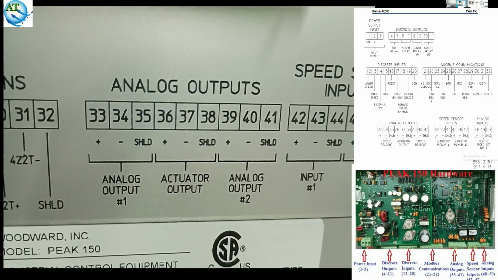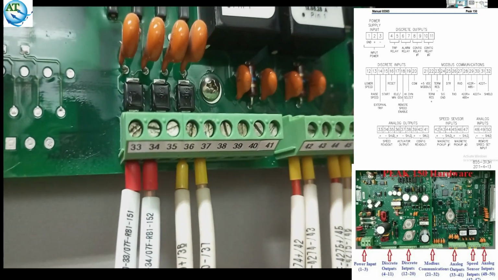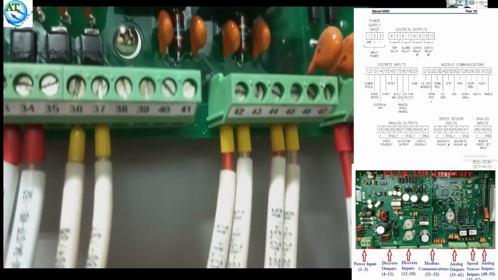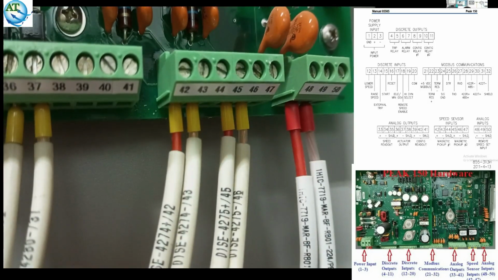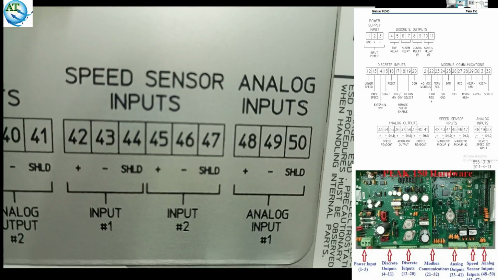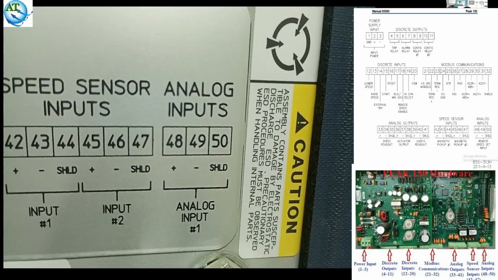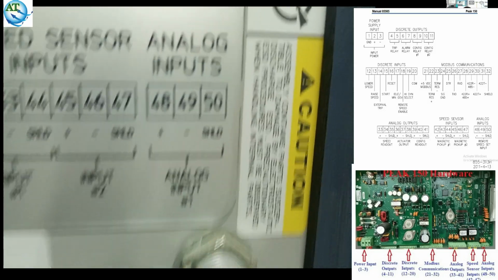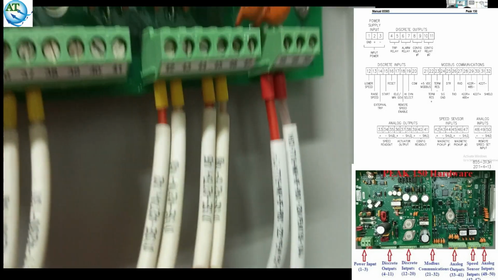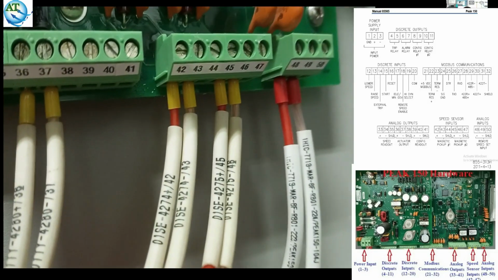Then there are the analog inputs and analog outputs. You can see the terminal numbers here. For the speed sensor inputs, terminal 42 and terminal 47 are the speed sensor inputs.